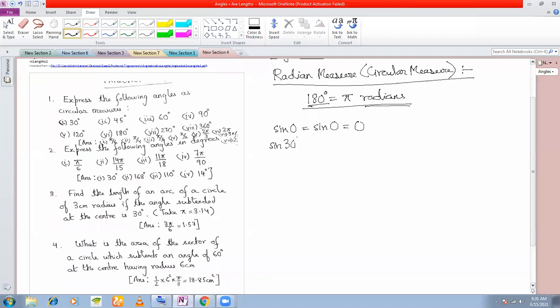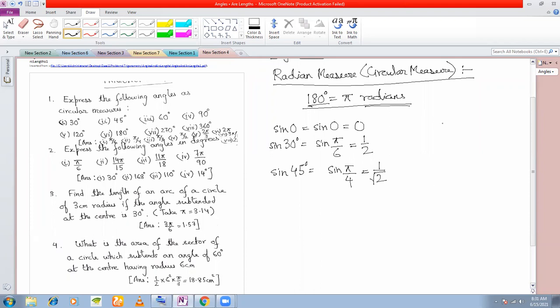Sine 30, if you convert to radians, is sine pi by 6, which is equal to half. Suppose you have sine 45, just pi by 4, sine pi by 4, which is equal to 1 by root 2, and so on.